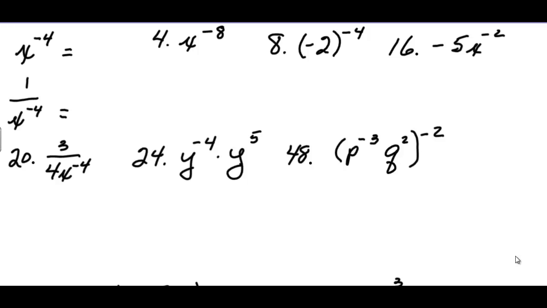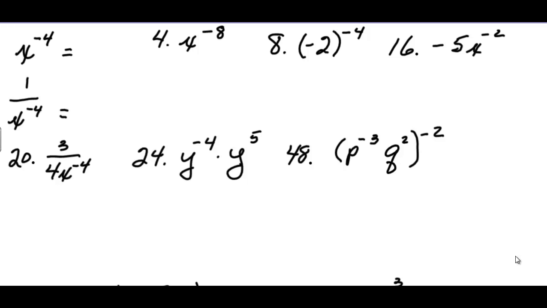Chapter 3.2 continues our discussion of exponents with one additional wrinkle, and that is the negative exponent. I've given you a couple of examples here in the upper left. If you have x to the negative 4, in order to make that exponent positive, you put it in the opposite position if you have a fraction.